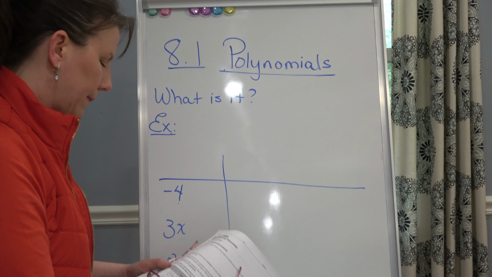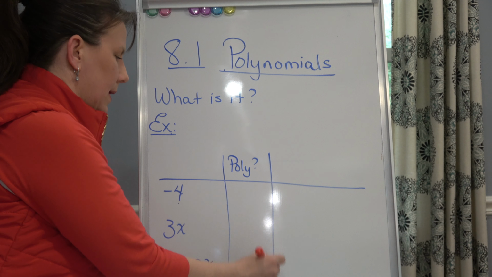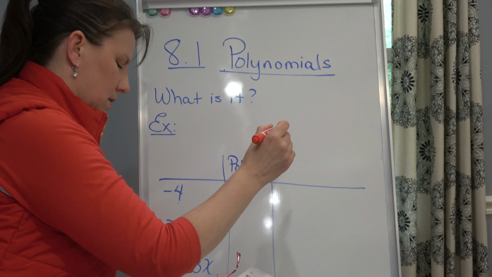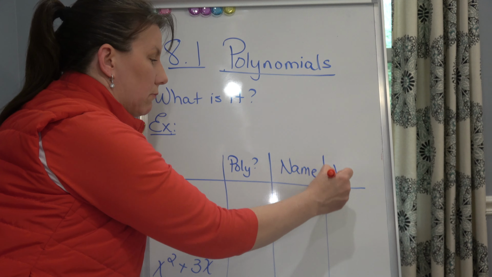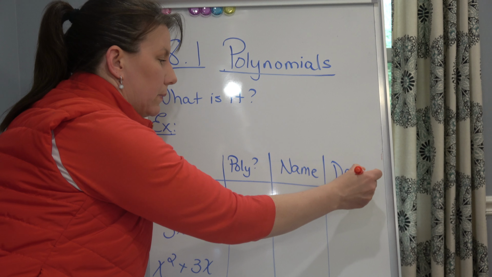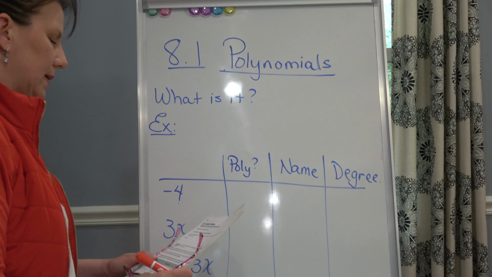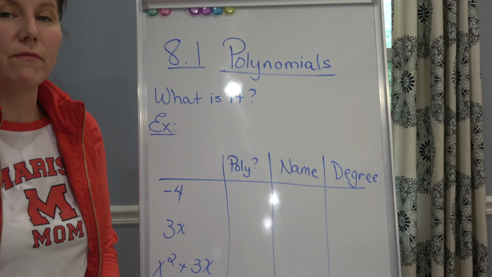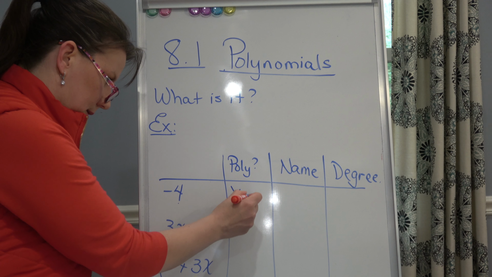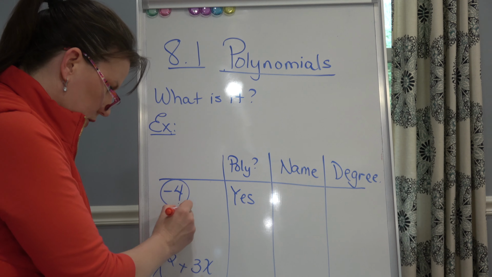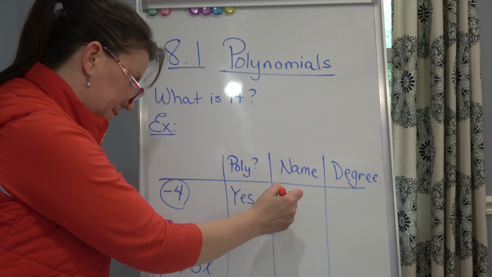So we're going to talk about is it a polynomial, what is its name, and what is its degree. That's going to be something new. So is it a polynomial? Well, yes, if it is a monomial or sum of monomials. So yes, it is. It's just one term, so you would call that a monomial.